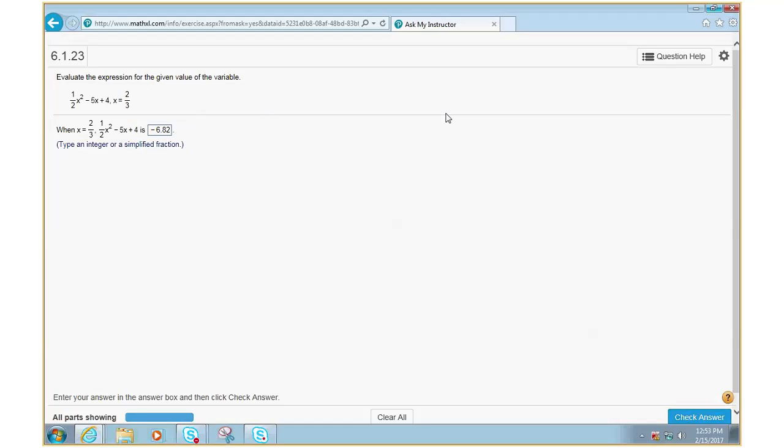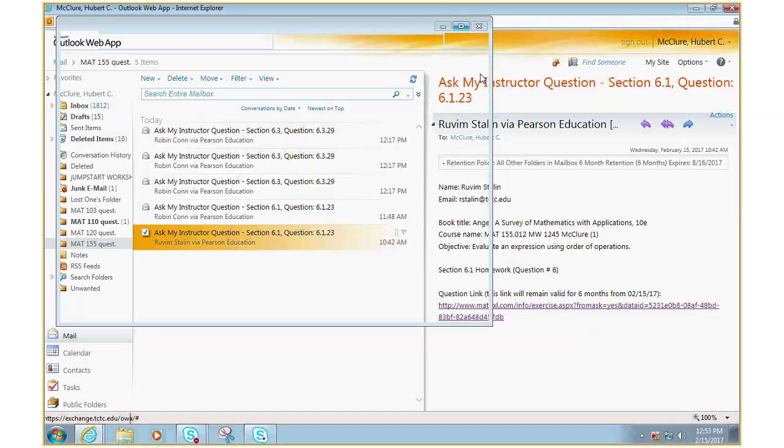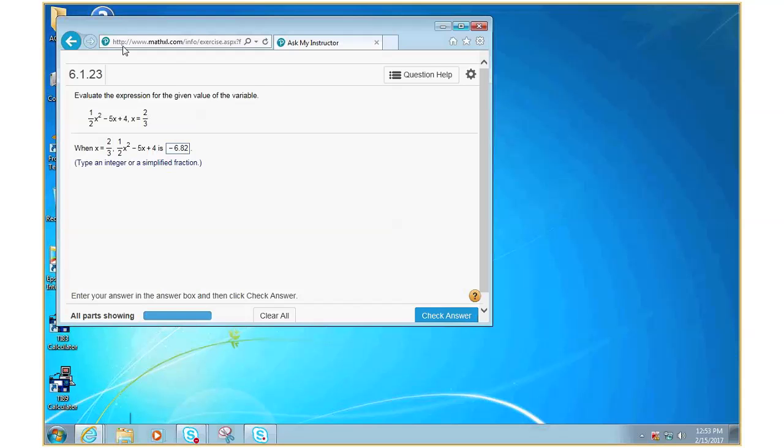This is a good one, this is a test question. It's got fractions in it. If it's got fractions in it, chances are it's going to be a test question. Fractions and negatives. I'm not going to give you all the easy questions. That would make it too easy. I turned everything on, but I forgot the whiteboard. Where's the whiteboard? There it is.